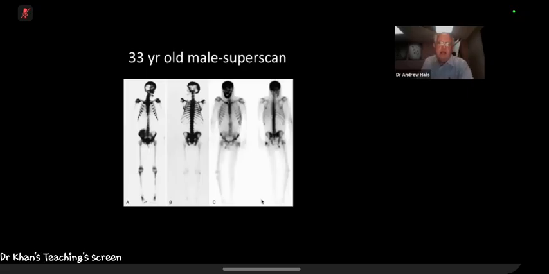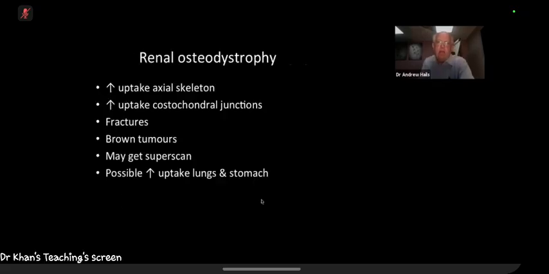Okay, and this, we had super scans due to metastatic bone disease. You can also get super scans due to metabolic bone disease, and that also includes renal osteodystrophy. So these are the features of renal osteodystrophy.